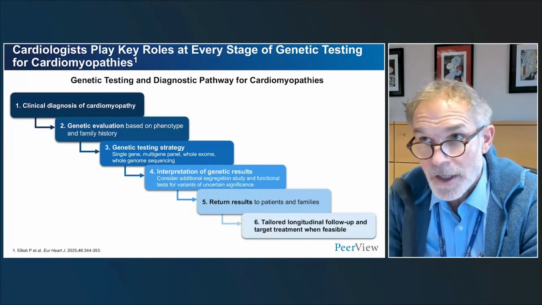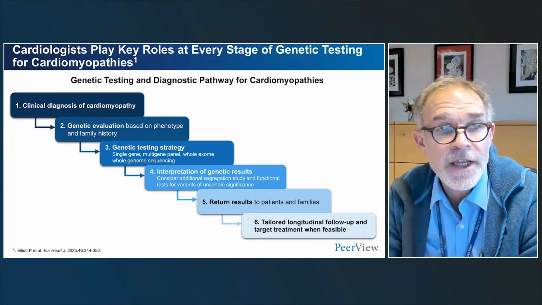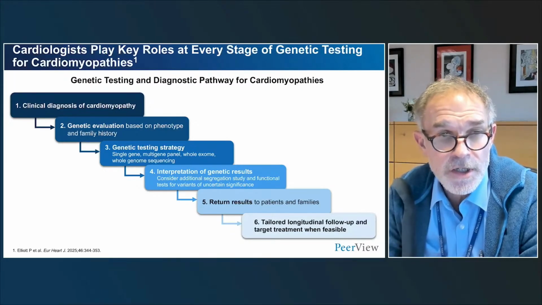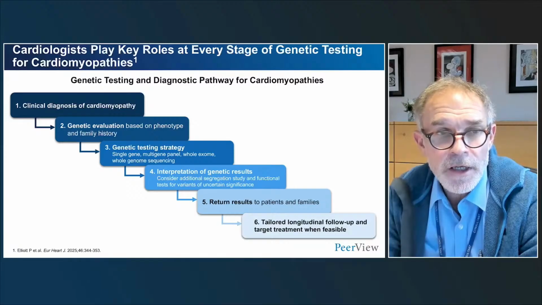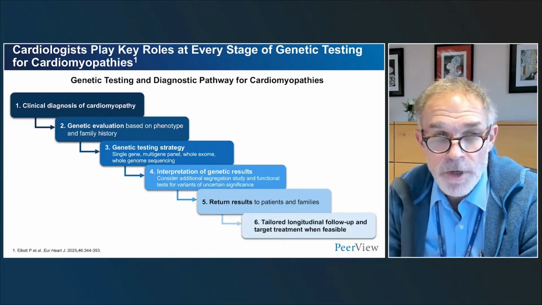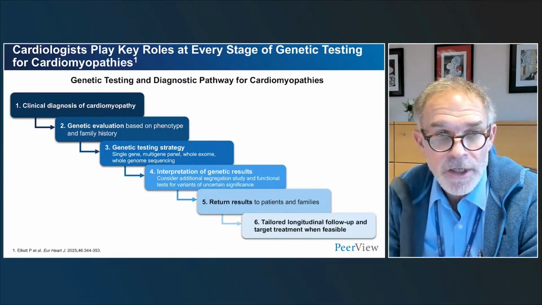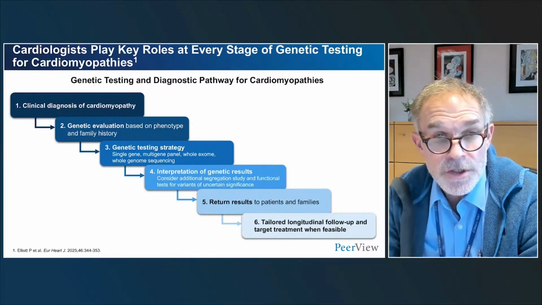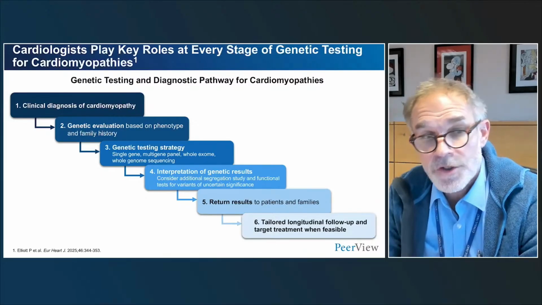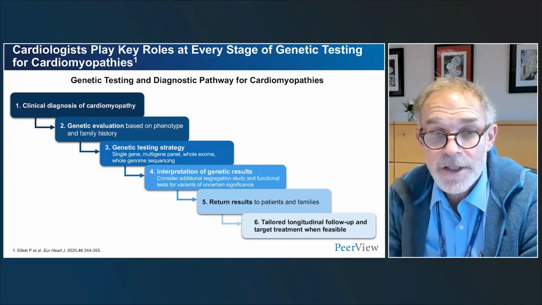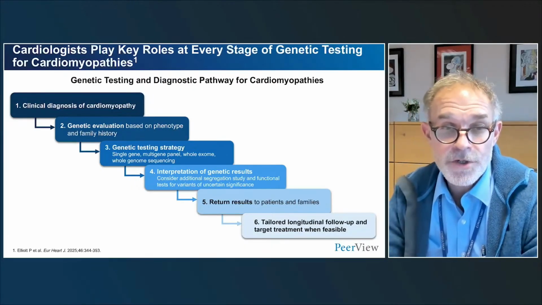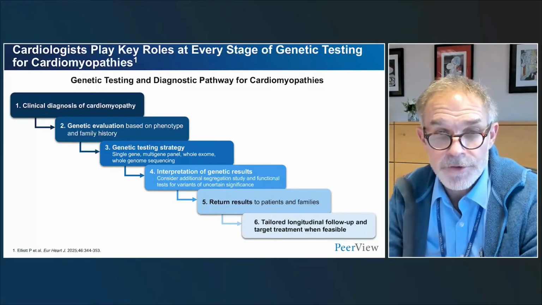If one has made a diagnosis of ATTR-CA, then obviously one would typically organize single gene testing of the TTR gene, but in an unspecified cardiomyopathy, one would generally run a cardiomyopathy gene panel, as it were. And then all that is left to do is to interpret the genetic test results and then return the results to the patient and their families and potentially organize family screening if it's felt to be relevant.